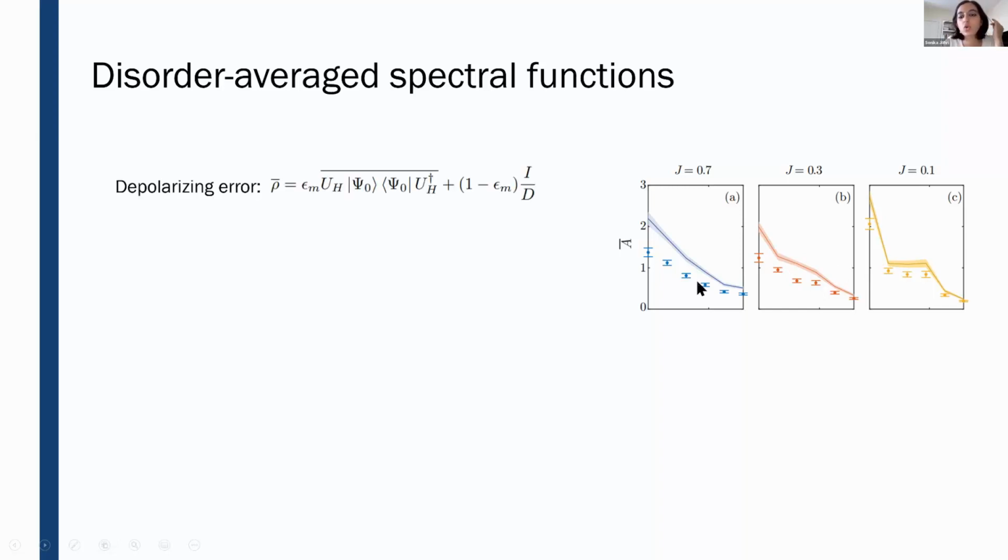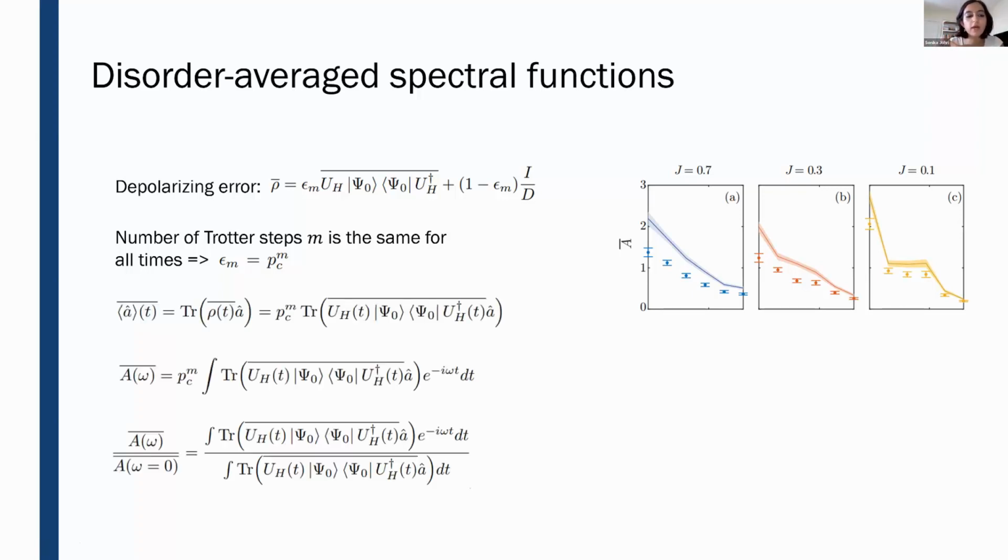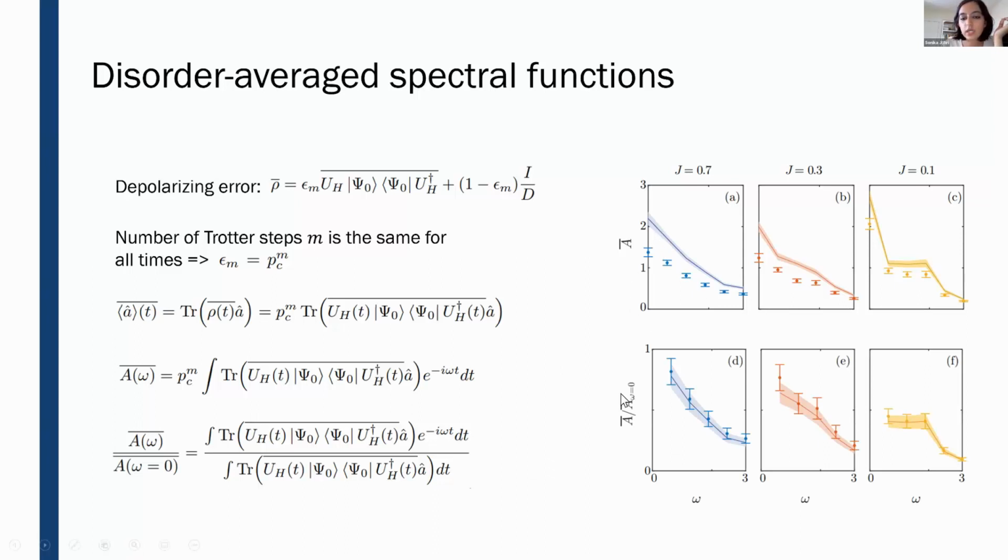And so what we did is, we looked at how the noise is going to affect the output of the algorithm. And we went through the steps and we found out that we could actually eliminate the error by just, A is the spectrum.